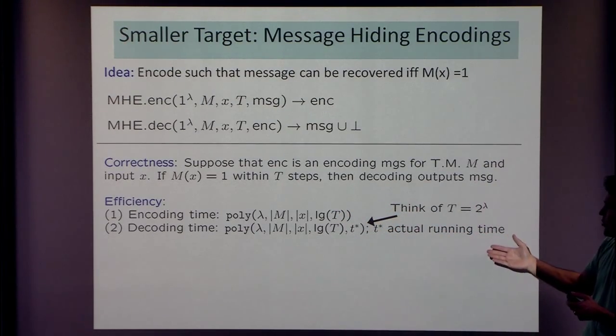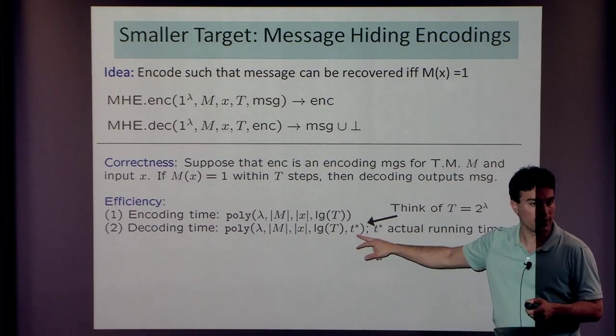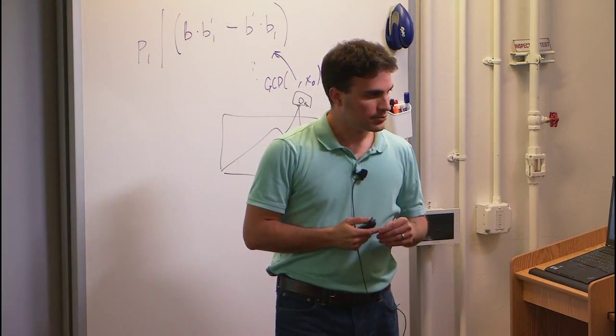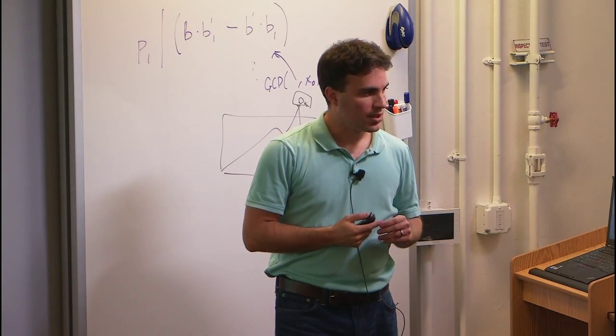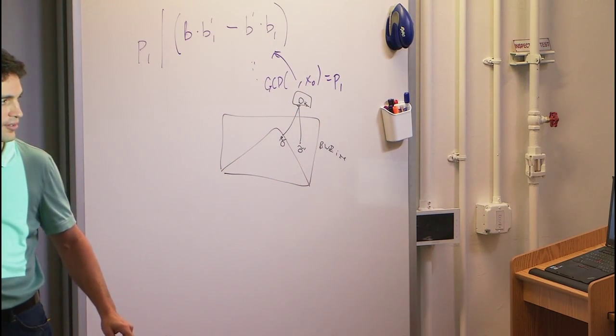The decoding time, on the other hand, can be polynomial in lambda and also the actual running time. So here, the encoding itself could compute whether M of X equals 0 or 1, except you would violate the efficiency condition.